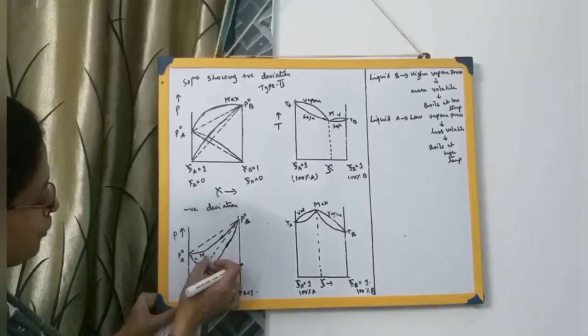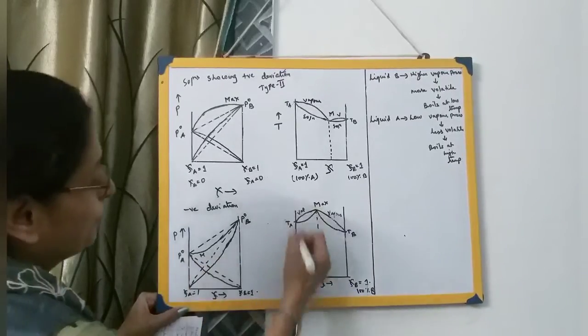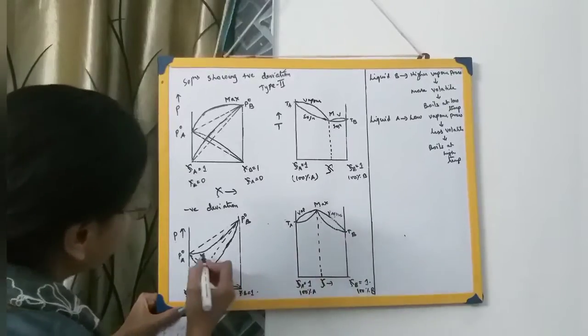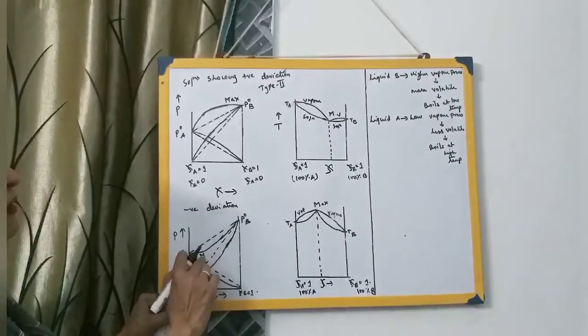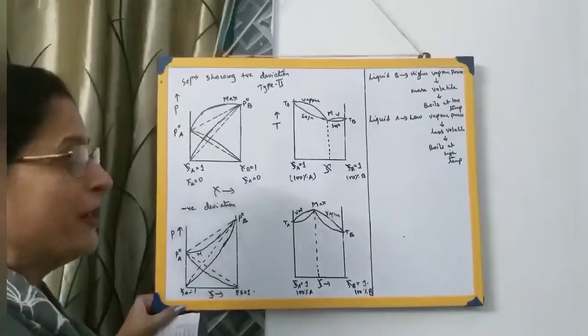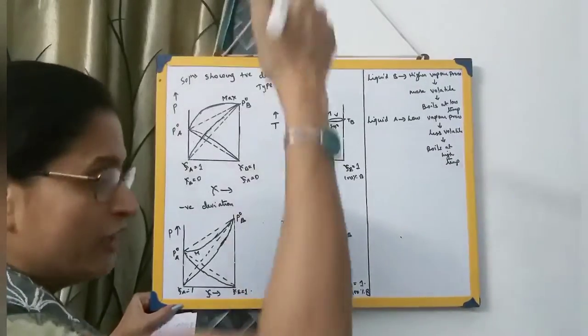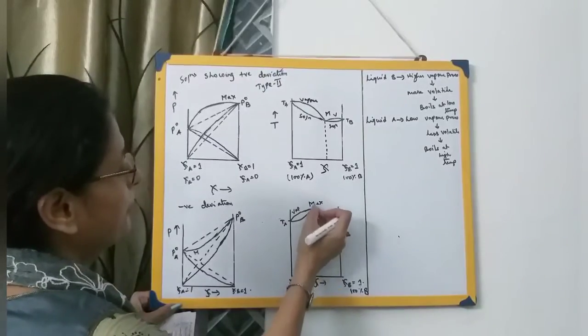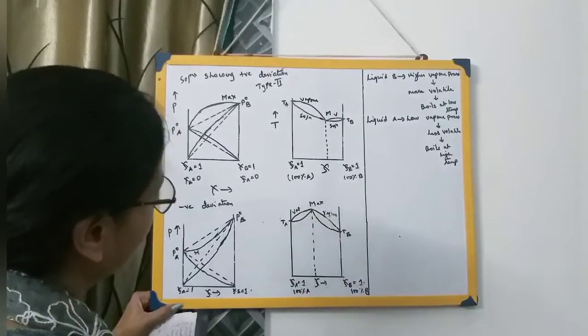When the vapor pressure was minimum here and you plot a graph of both liquids, with temperatures TA and TB, at the place where there was a minimum vapor pressure, the boiling point will be higher. We found that at a particular temperature the boiling point was the maximum boiling point.